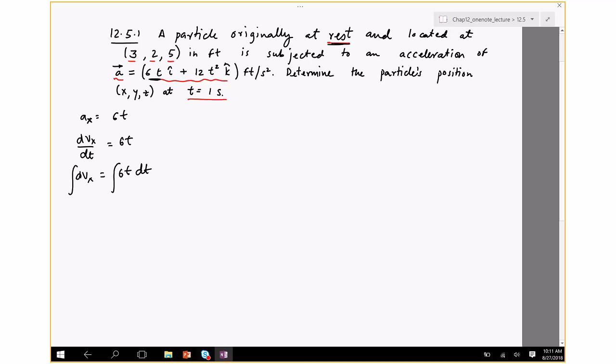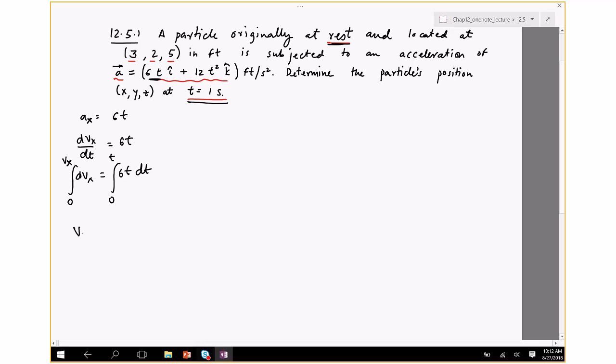Well, we're told that the particle is at rest. So initial velocity is 0. This is at time t equals 0. We want to find its new velocity vx, which is the unknown, at time t equals t. The reason I wrote time t equals t and not 1 is because eventually I want to find velocity as a function of time, use that expression to find x as a function of time, and once I do that, that's when I'll put t equals 1.